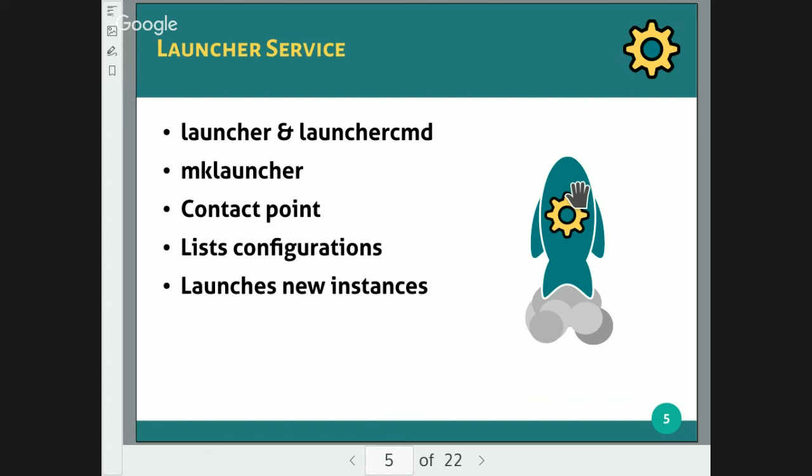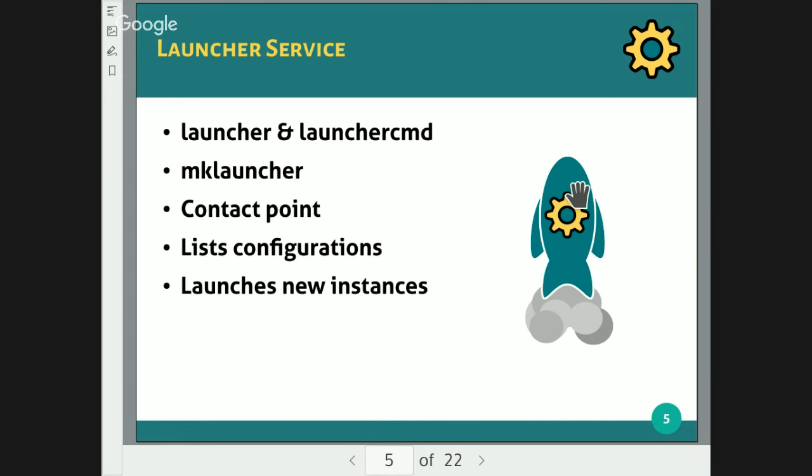It can start MachineKit instances and software. So it is kind of like the LinuxCNC launcher dialog where you can select the configuration, but the remote version of it. It will supply a list of configurations to the client, launch new instances, and report running instances.